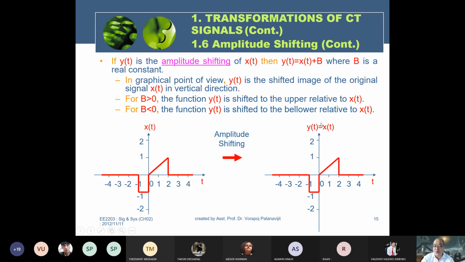In this case, if yt equals xt minus 2, you push the signal down by 2 points everywhere. If it used to be 0, it equals minus 2. If it used to be minus 1, it equals minus 3.